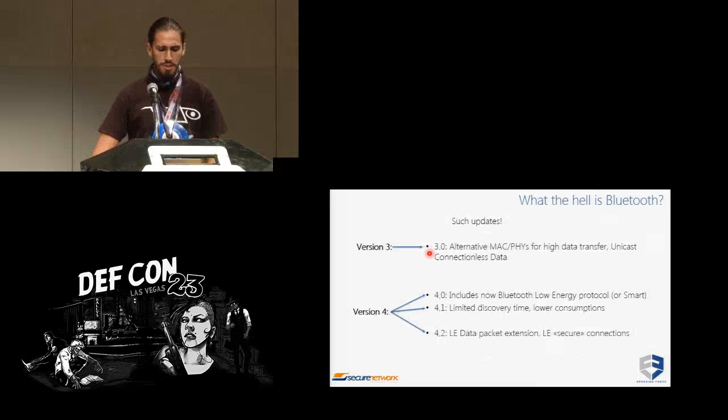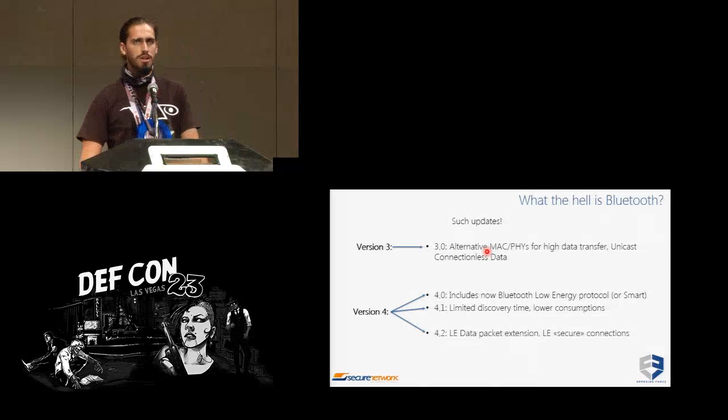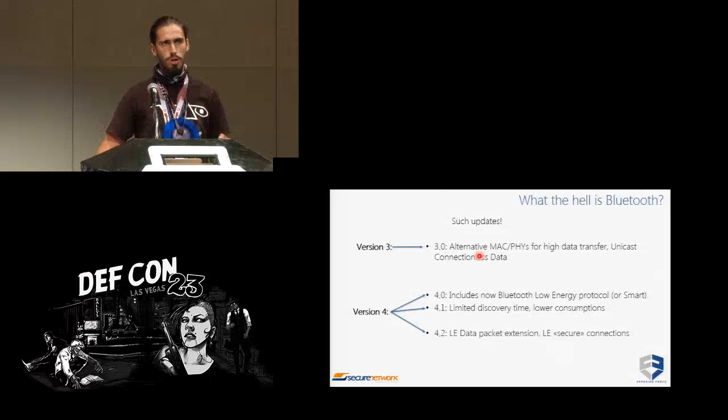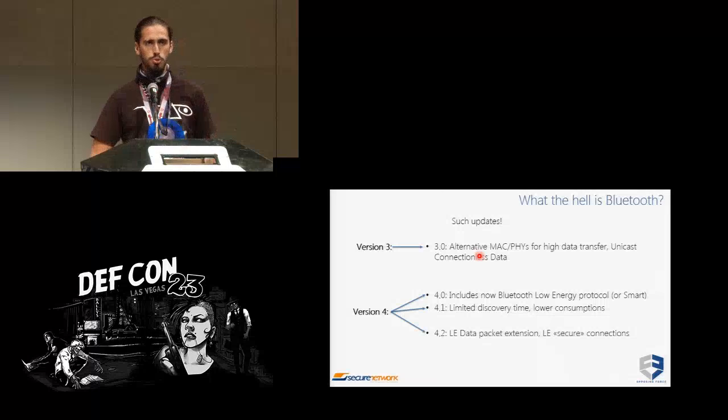And from version 3, some updates regarding data transfer, because when you have a lot of data to be transferred, you use the Bluetooth connection to make the pairing and exchange some keys while you transfer data using a wireless 802.11 protocol.